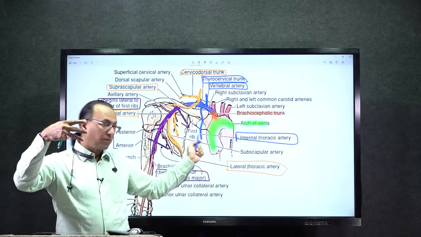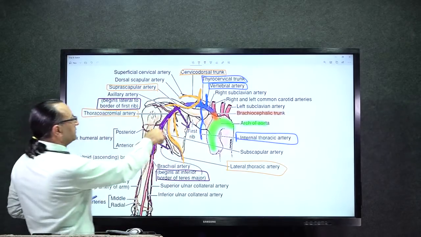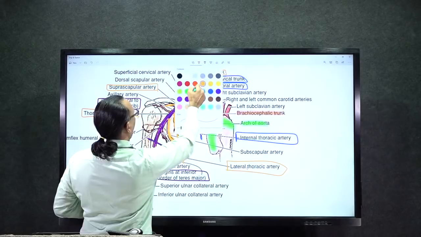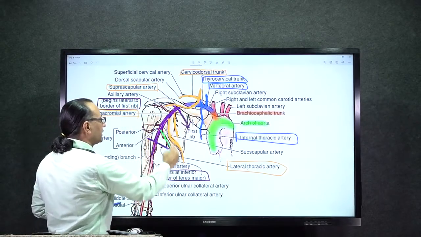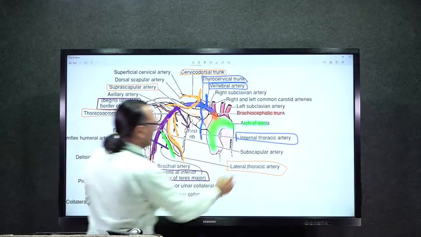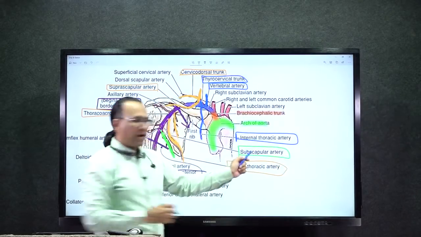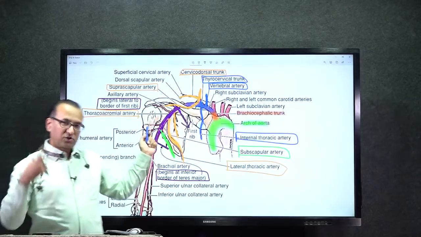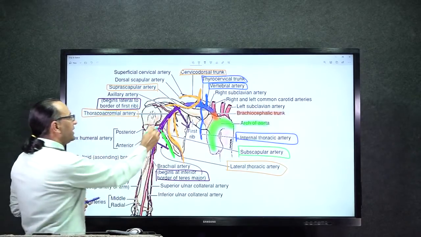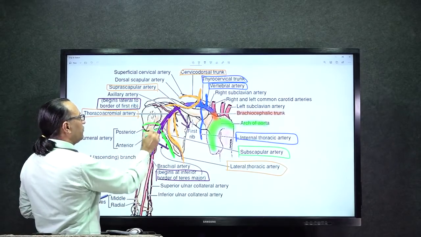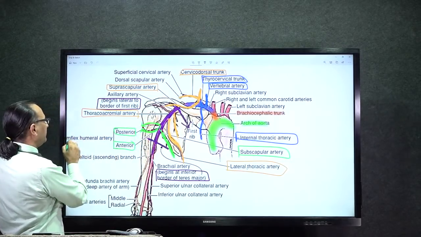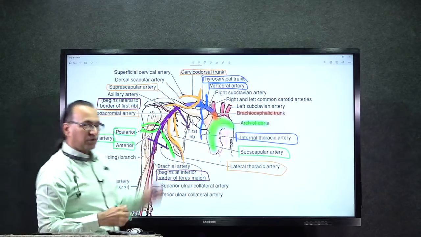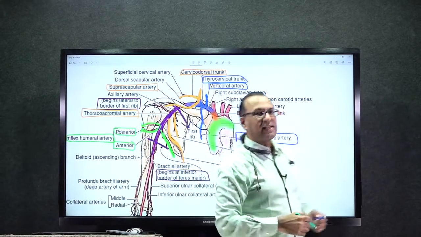What are the 3 branches from the third part of the axillary artery? As you talk about the third part now, one branch goes under the scapula, so we'll call it the subscapular artery. And then the other 2 are the anterior and posterior circumflex humeral arteries. Now when you say anterior and posterior circumflex humeral artery, there's a question asking where do they make the anastomosis?